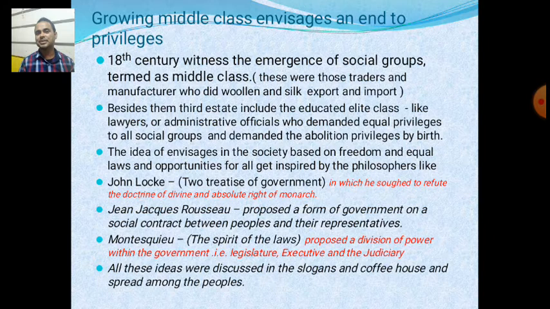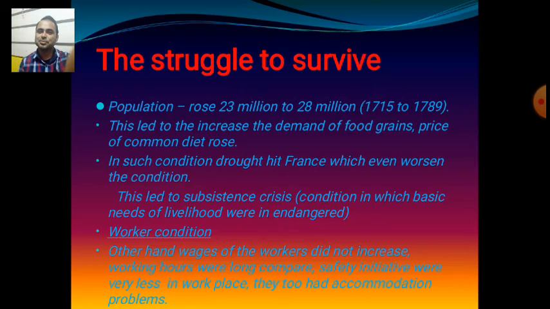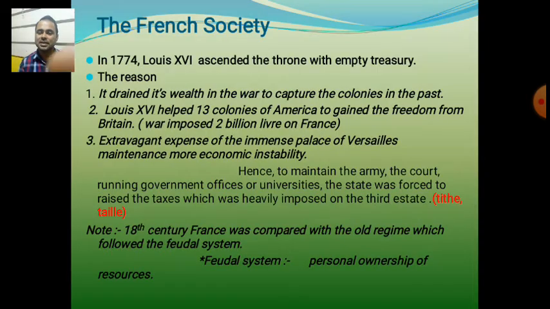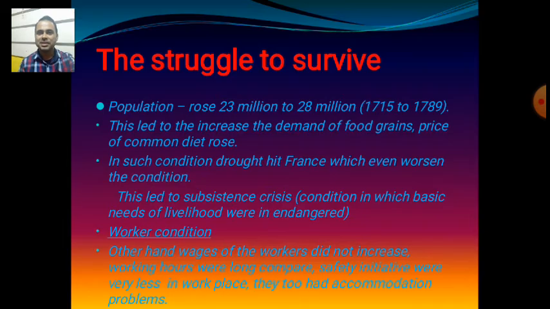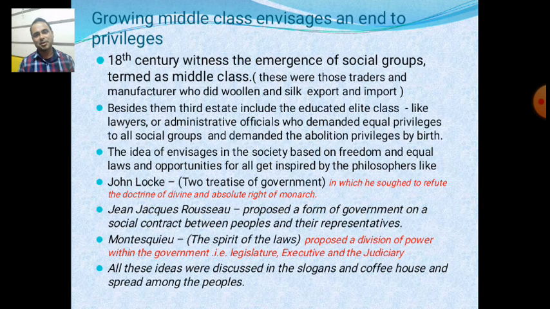As I told you in the first slide, let us go there to see once. If you see the common people, the big businessmen, merchants, the court officials, lawyers, peasants, and the artisans, they were what? They were the third state, and they were coming from different social groups. Now these groups constitute what?